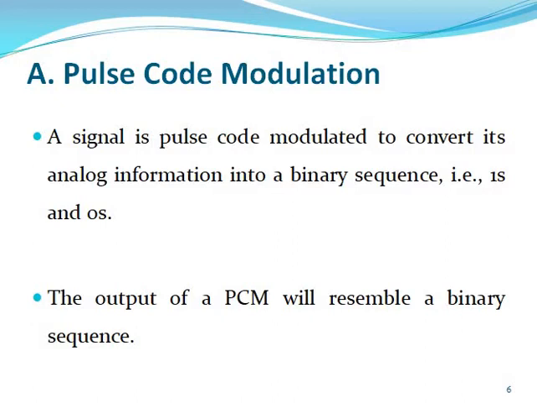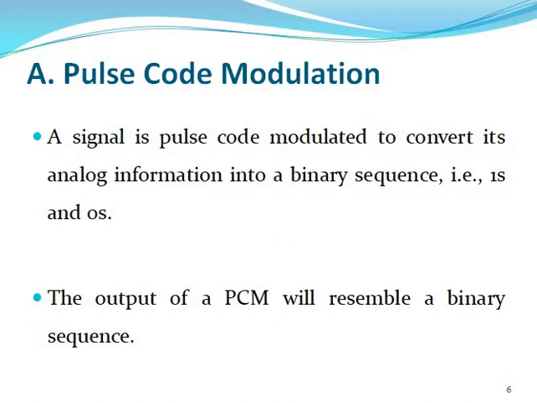In pulse code modulation, a signal is modulated to convert analog information into a binary sequence. The signal can be modulated and the analog data converted into binary form.